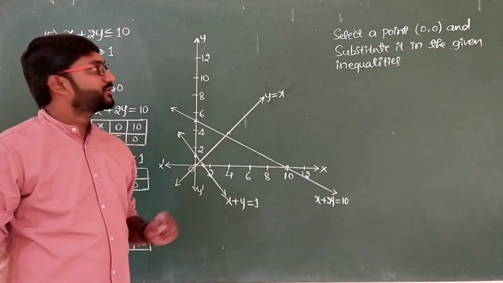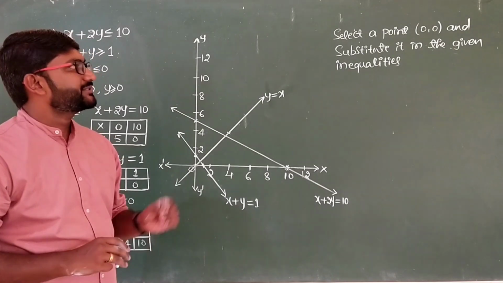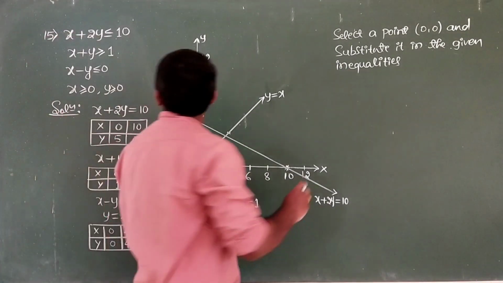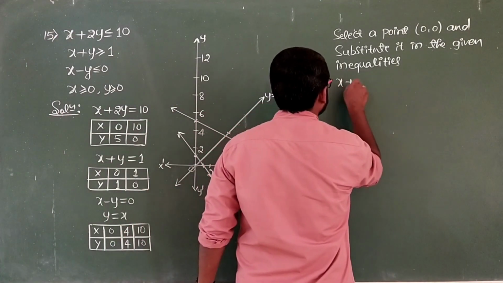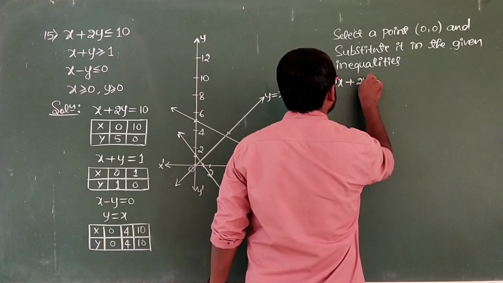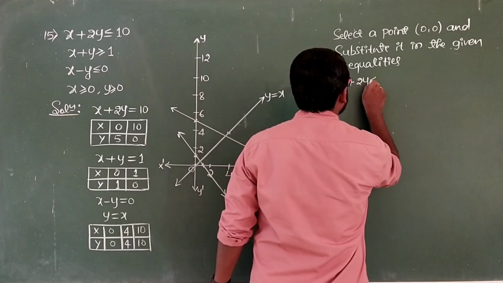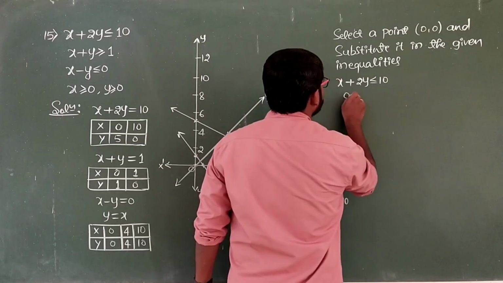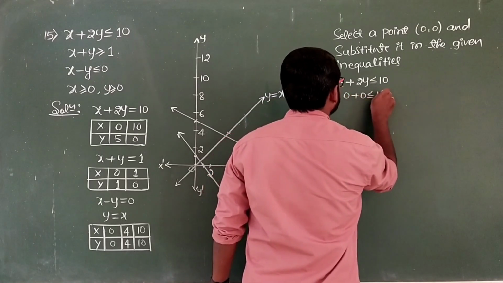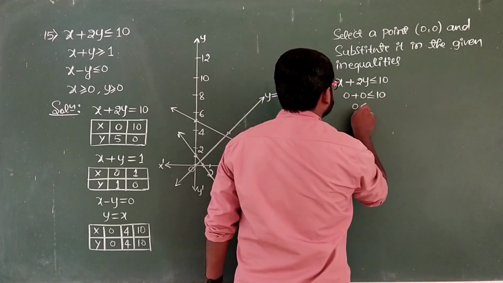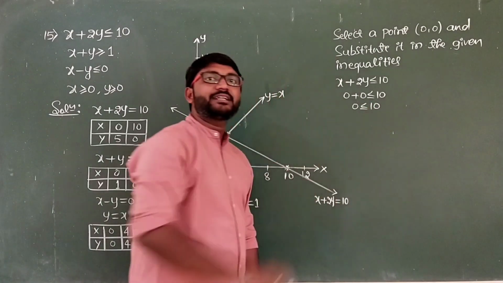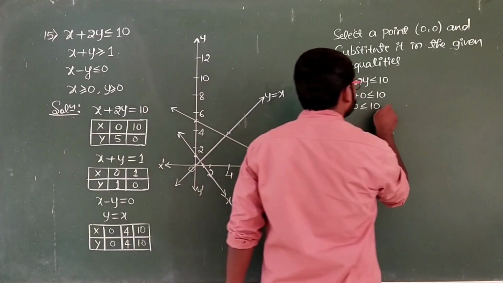So let us go for the shading process now. Select the point 0, 0 and substitute it in the given inequalities. It is x plus 2y less than or equal to 10: 0 plus 0 less than or equal to 10, 0 less than or equal to 10, or 10 greater than 0, which is true.